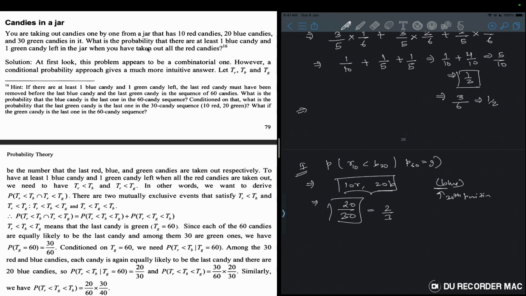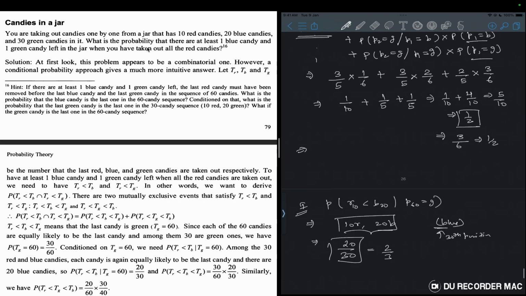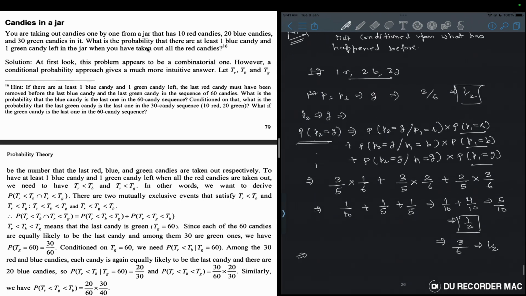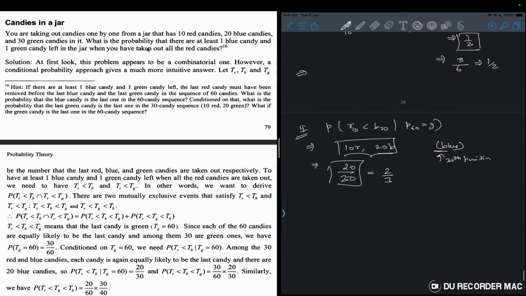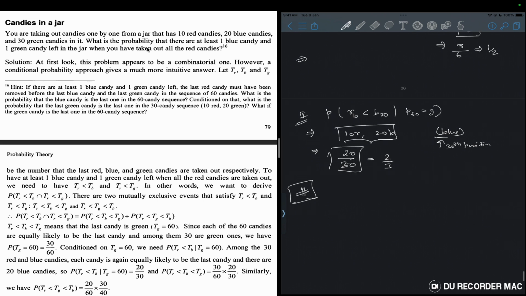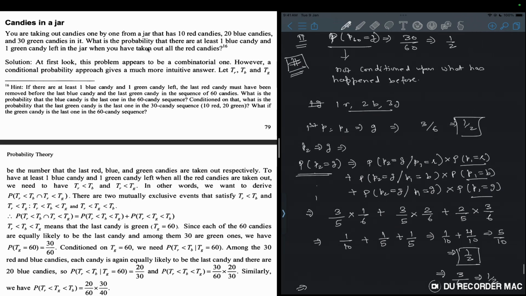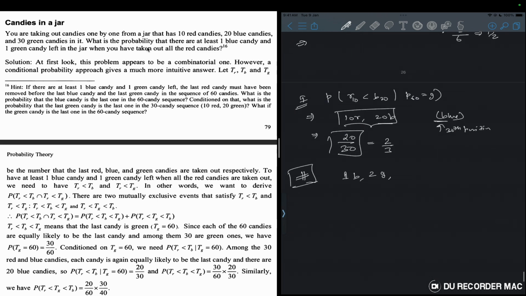Now here I will not try to convince you why the 30th position is a blue candy, because this follows the same logic as how the last 60th candy becomes green. But I'll try to convince you of another thing which might arise in your mind. Again, let's come back to our example: 1 blue, 2 green, and 2 red; 1 red, 2 blue, 3 green.